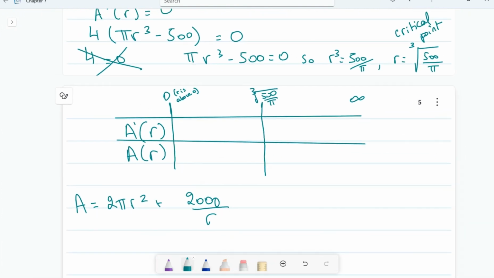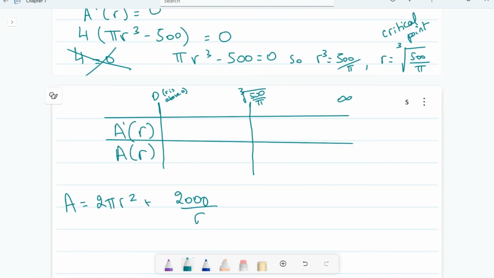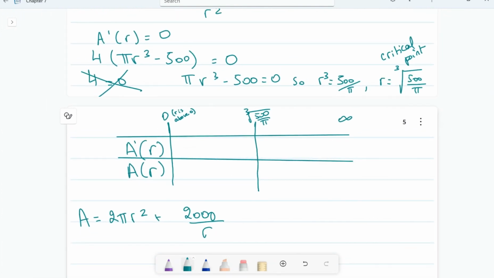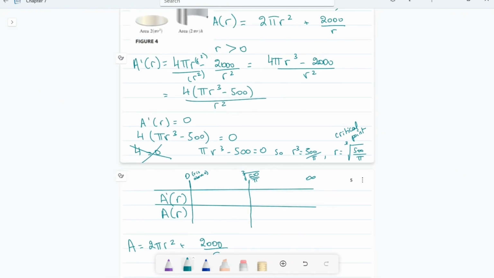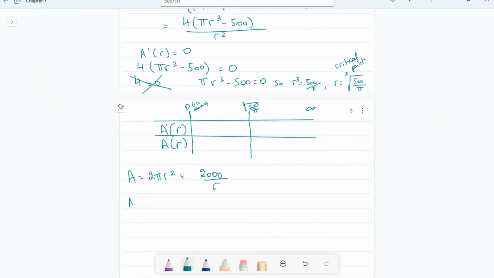And now let's find the derivative when r is below the cubic root of 500 divided by pi. The function for the derivative is 4 times pi r cubed minus 500, divided by r squared. Notice that when r is less than the cubic root of 500 over pi, the derivative is negative. When r is greater than this value, the derivative is positive.